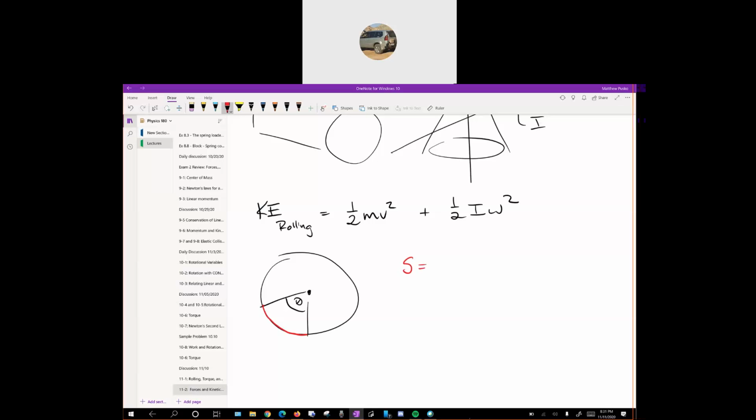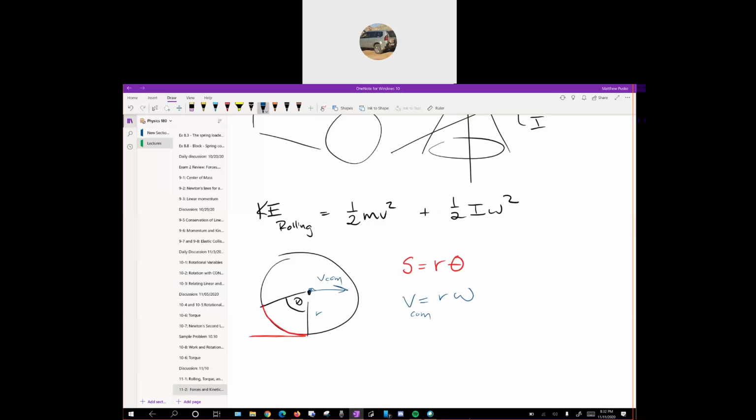That arc length, by the way, is equal to however far it traveled on the ground, right? Is equal to r theta. We found that the velocity of the center of mass, if this is the radius, is equal to r omega.